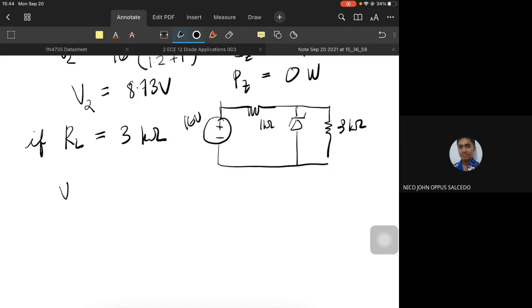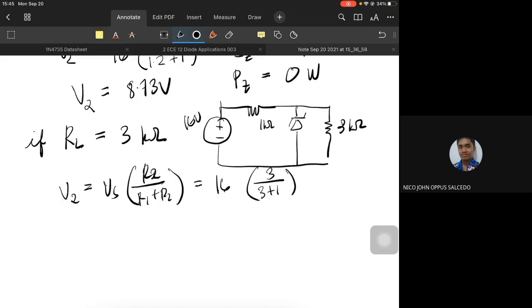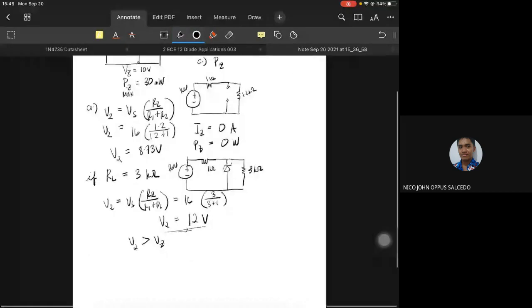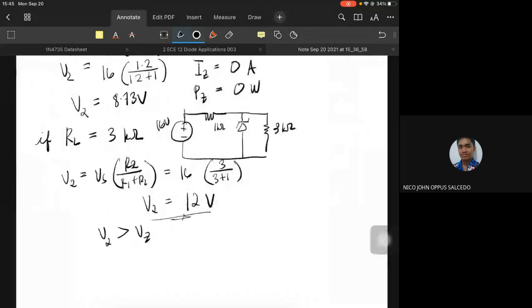Let's solve for the voltage by using the voltage divider. 16 times 3K over 3K plus 1K. That is 0.75 of 16, which is 12 volts. Because now, V2 is greater than VZ, which is only 10 volts, the diode is on.